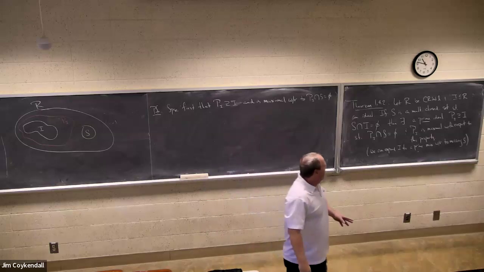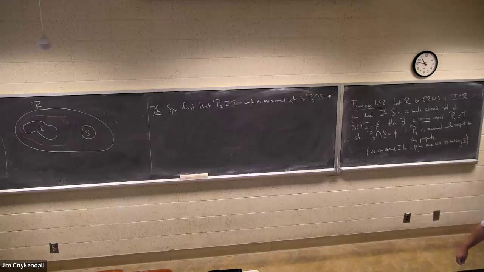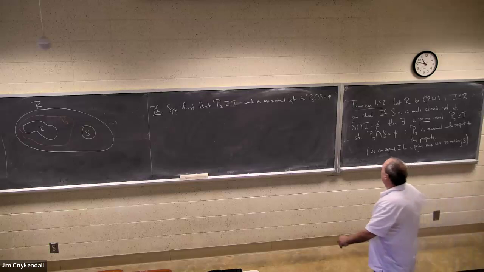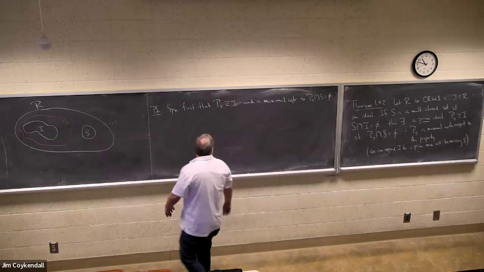Now, the first thing I'm going to do is show that if I happen to have an ideal that has this property, that it's maximal with respect to missing a multiplicative set, it has to be prime. Okay? So that's what we're going to do first, and then we'll have to finish some things up.